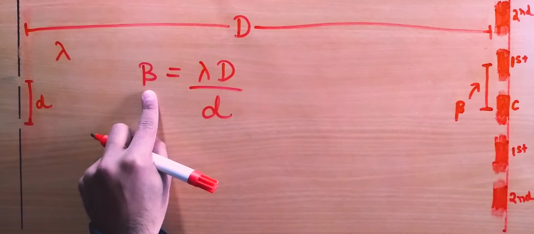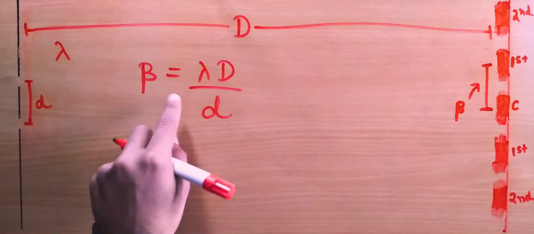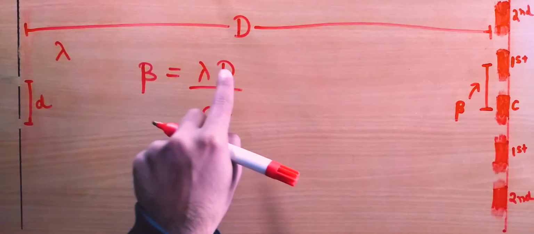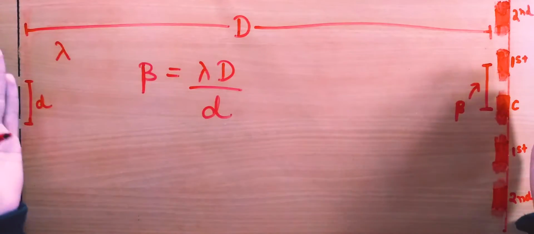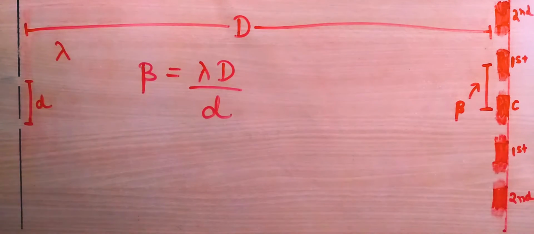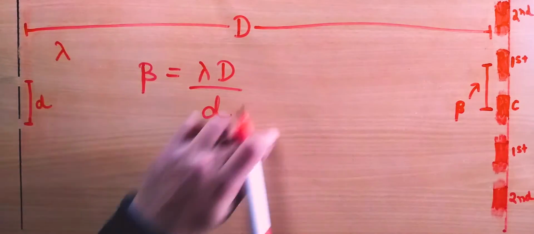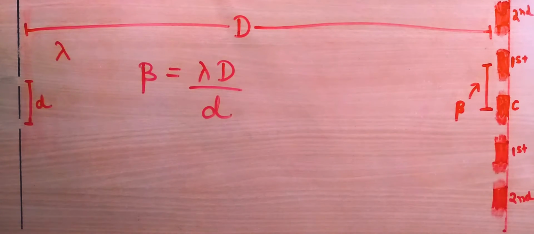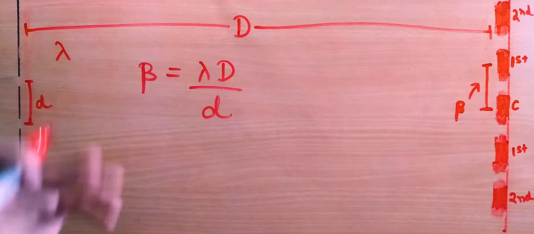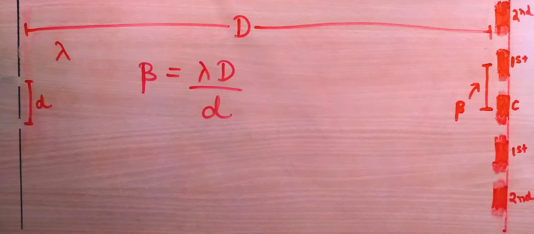So the fringe width, denoted by beta, equals the wavelength of light times the distance between the screen and the slits divided by the distance between the two slits themselves. This expression has been derived in the previous video. If you are unclear, I encourage you to watch that video.